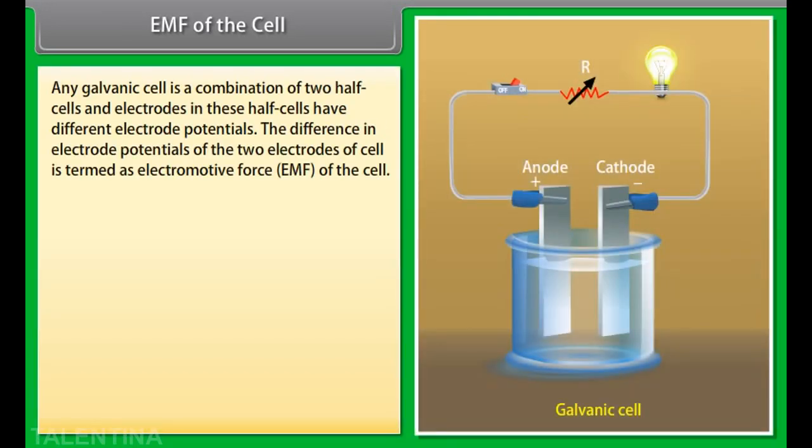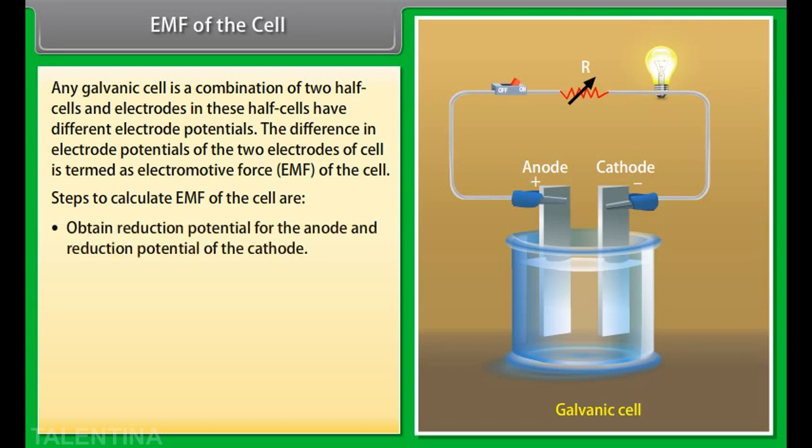EMF of the cell. Any galvanic cell is a combination of two half cells, and electrodes in these half cells have different electrode potentials. The difference in electrode potentials of the two electrodes of cell is termed as electromotive force of the cell. Steps to calculate EMF of the cell are: obtain reduction potential for the anode and reduction potential of the cathode.